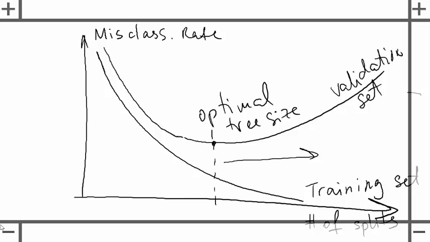So anything above this optimal tree size is something that's called overfitting, okay? Overfitting. In other words, building too good of a model. You want to avoid that. The more detailed model you're building, the more you're approximating the noise and not the signal. You're doing too good of a job, okay? Your model overfits the data.